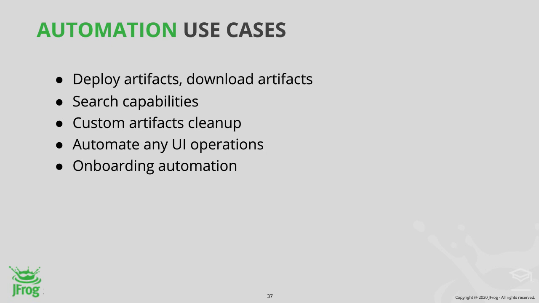So one might want to have an onboarding procedure regarding the registration of all the users and the creation of new repositories and new permission targets. All this process can be automated. It's not a built-in capability of Artifactory, but many organizations go through the automation process of the onboarding.